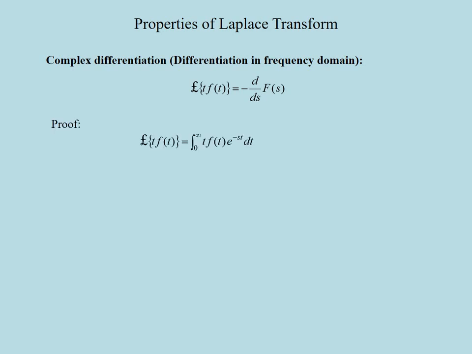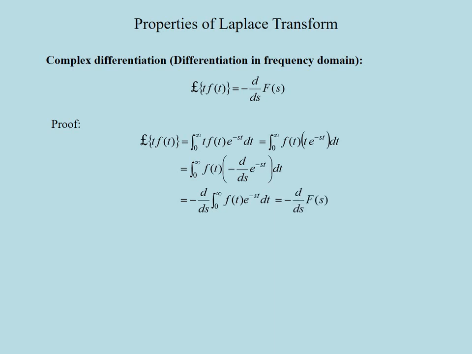Writing the Laplace transform of t times f of t, we see that in the integrand we have t times e to the minus st, which is nothing but the negative derivative of e to the minus st with respect to s. Since t and s are independent variables, you can interchange the differentiation and integration operations. And the remaining integral simply becomes the Laplace transform of f of t, which proves the theorem.